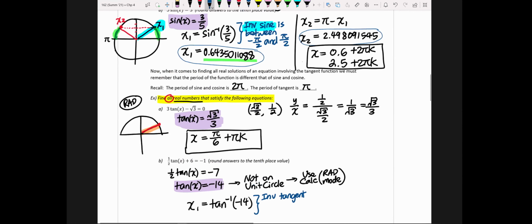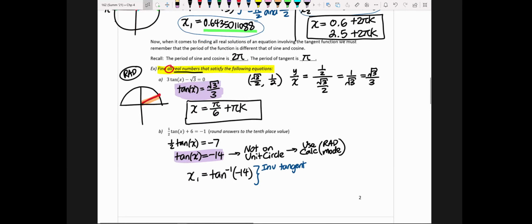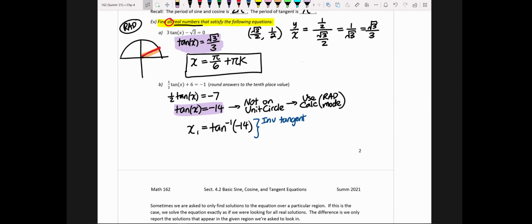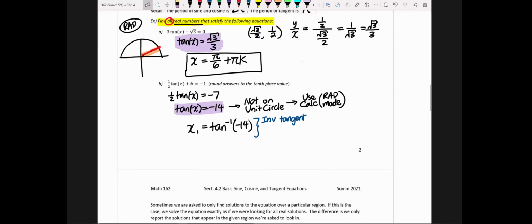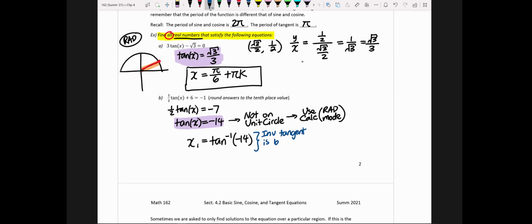Inverse sine is between -pi/2 and pi/2. How about inverse tan? Check your notes. Oh, it's -pi/2 and pi/2. Yes. Exclusive.